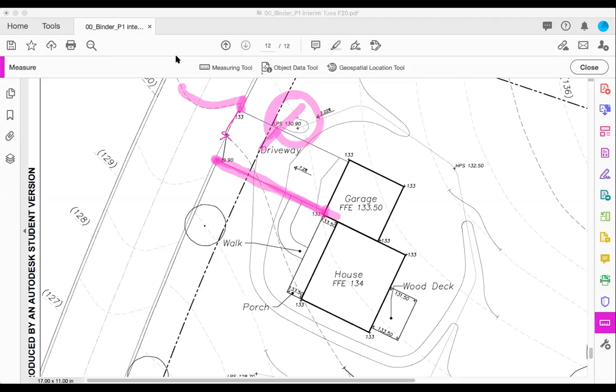So now let's zoom back out and just do a quick look at the whole picture here. So you have a 7.2. Let me measure to make sure that your garage FFE is not exceeding the slope requirement.